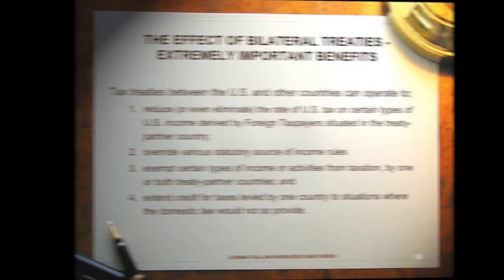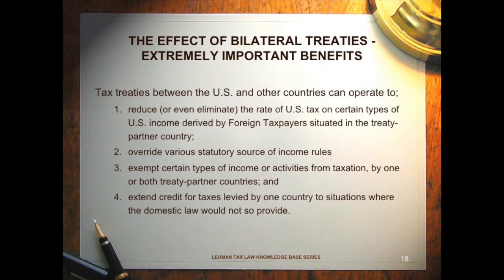We've already talked about the tax treaties, but I'll run through them just as a recap. The tax treaties will reduce or eliminate some of the tax rates on certain types of income for foreign taxpayers.